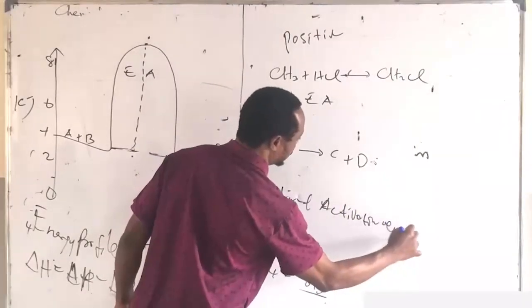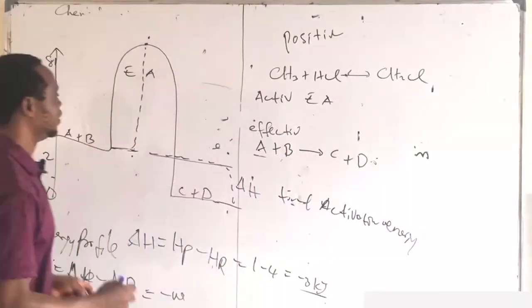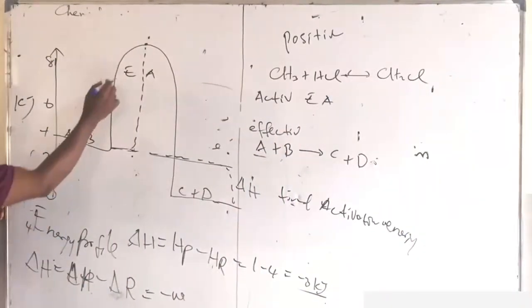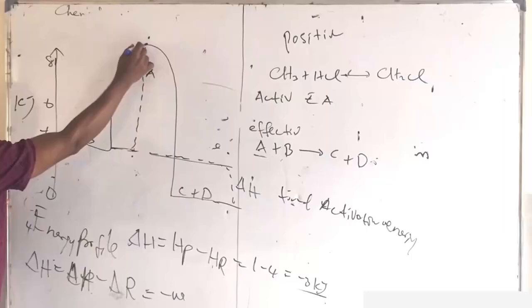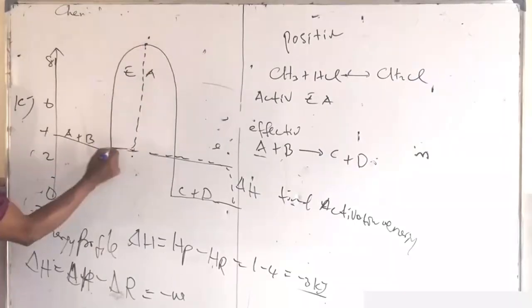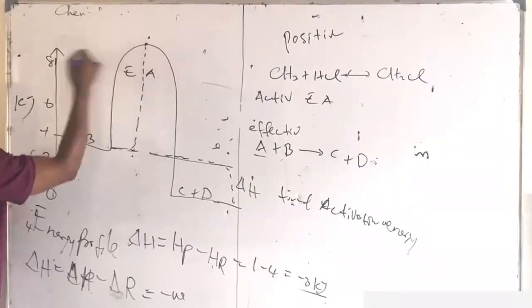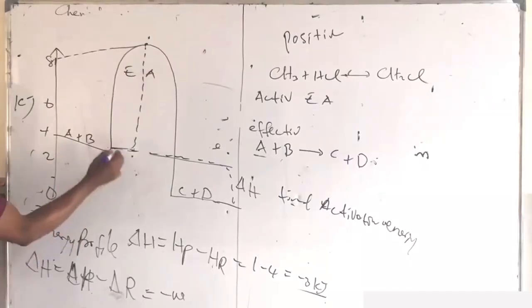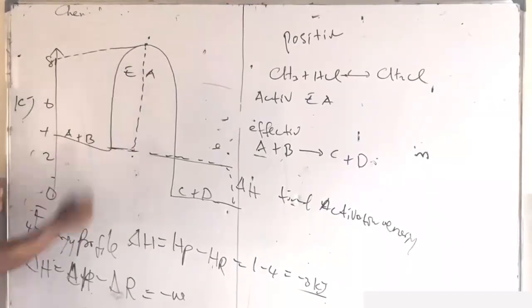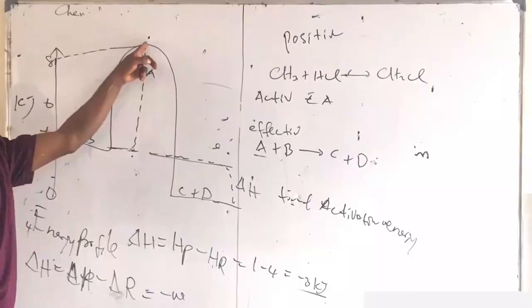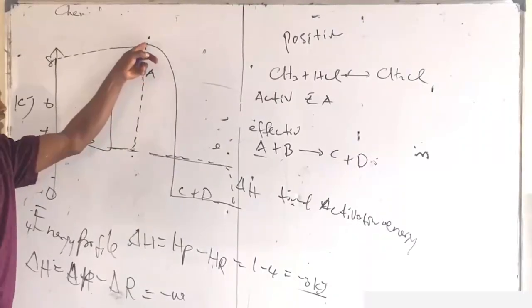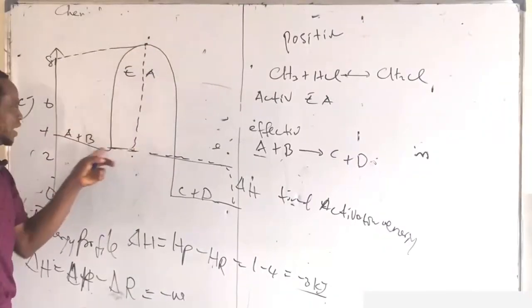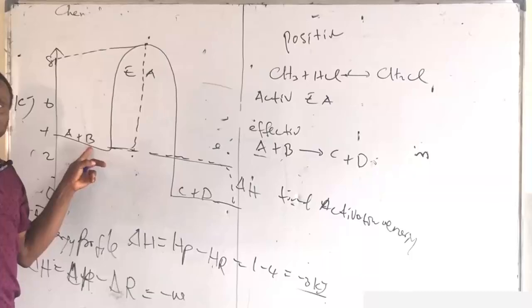Okay? How do you do it? Look at the diagram again. From here, look at from here to here. You trace it to this point. You assume this is 8, am I right? Then this is also the product. If you look at this diagram, this is my dotted line, from this complex side to the reactant side.